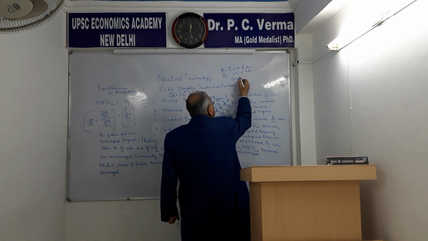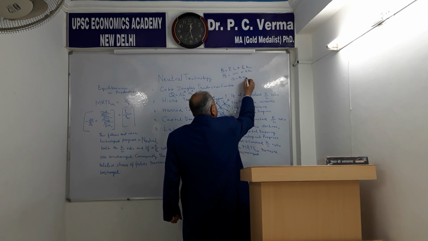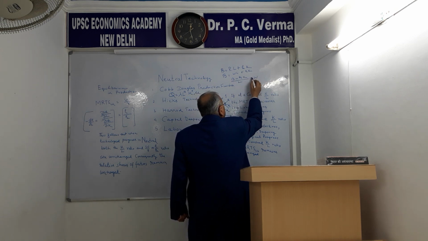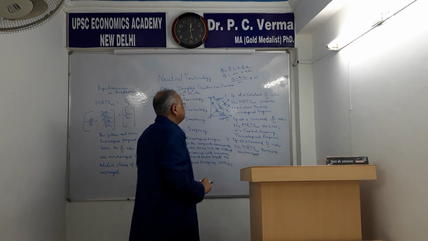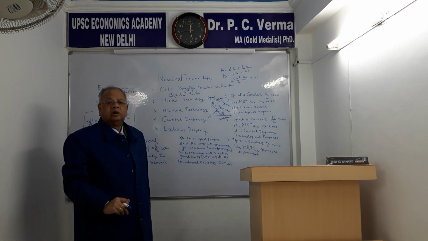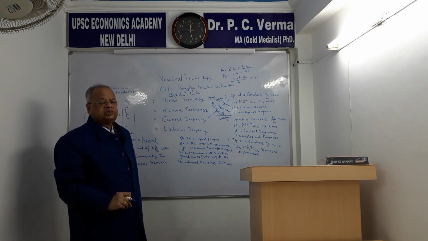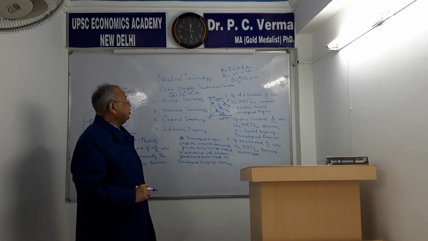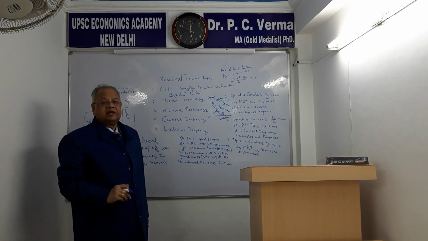B minus RK divided by L will be equal to W. From the producer's budget equation, B equals WL plus RK.